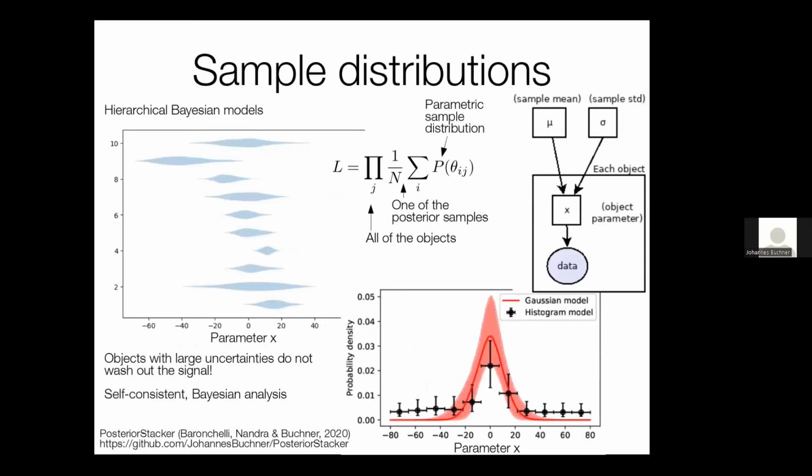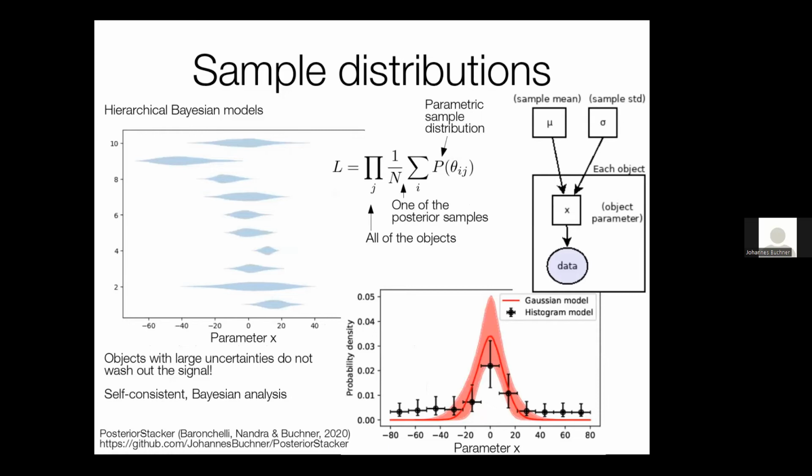Okay, so this was perhaps not very intuitive. So let me get a bit more into the practical side of how this works. Let's say you analyzed in one parameter, you analyze each object, you get your posterior samples, and you assume a flat prior on this parameter. How do you combine this? Well, you assume a sample distribution on this parameter, and then you compute its probability for each of those posterior samples.